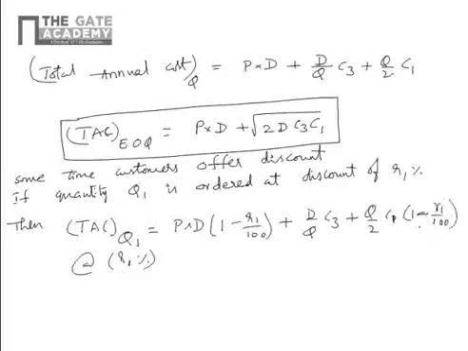So 1 minus R1 means that much we are paying. R1 is a discount, so remove the discount. This is the cost we need to pay. So calculate this value and calculate the economic order quantity.